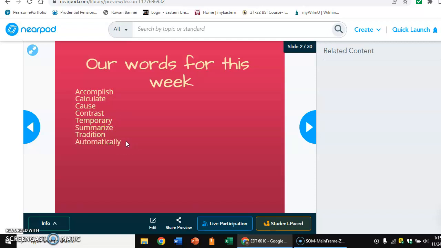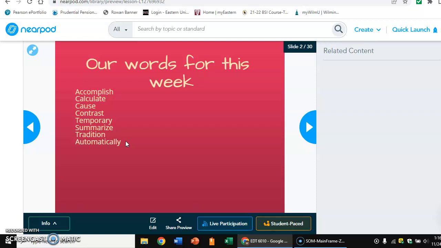Now, why are we learning these words this week? We're learning these words this week for several reasons. We're going to be reading a new story later in the week, and these vocabulary words will be featured in the text itself. The purpose of learning these words prior to reading the story is so that we can understand and comprehend what's going on.